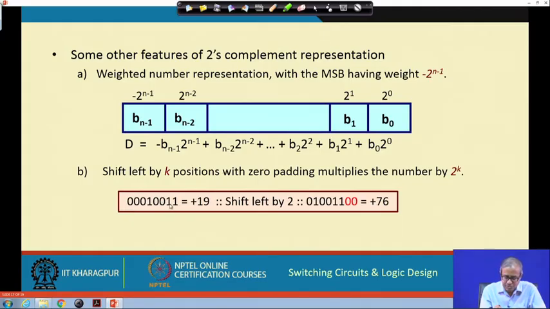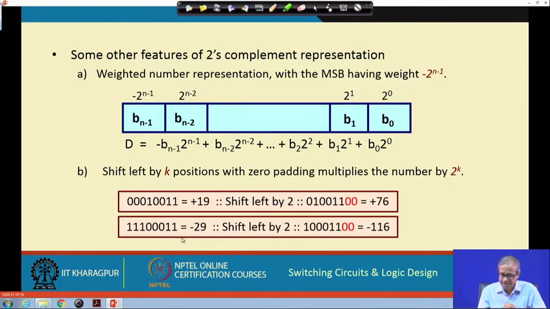So, 16 plus 2 plus 1 is 19. If I shift left the number by 2, that means 10011 is getting shifted and 2 zeros are inserted on the right. So, if you evaluate this number again 1, 2, 4, 8, 16, 32, 64. So, 64 plus 8 plus 4 becomes 76. So, 19 multiplied by 4 is 76, 2 to the power 2.